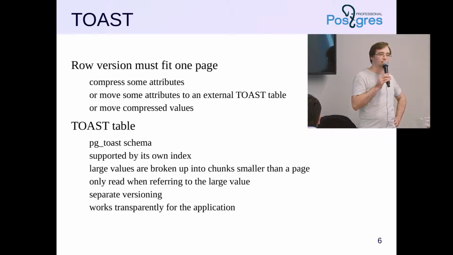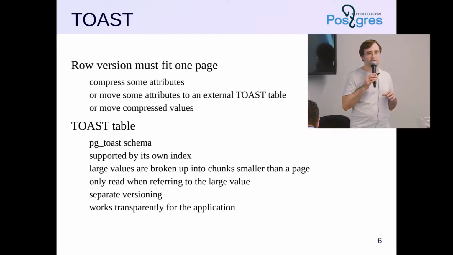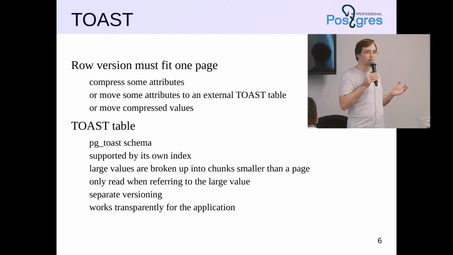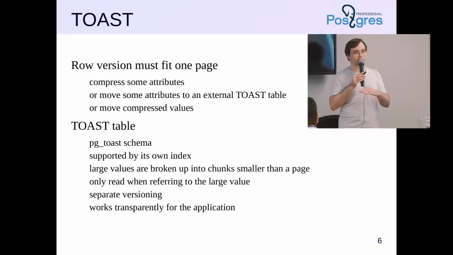Toast table has its own versioning, its own multi-version concurrency control. So it may be good if you don't always use your long values. If you update your row and update only fields which are not very long, you will have one entry in the toast table, and two row versions from the main table will reference the same row version in the toast table, so it saves you copying this data.